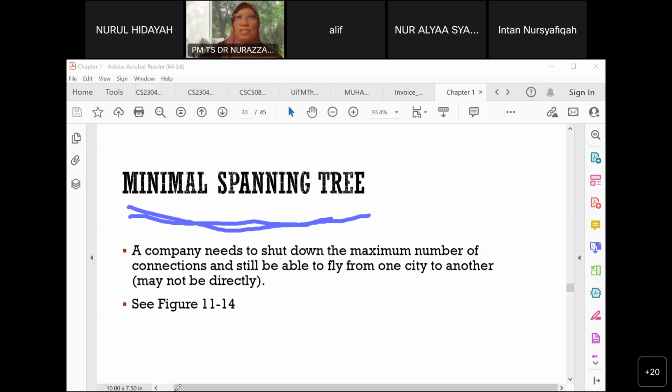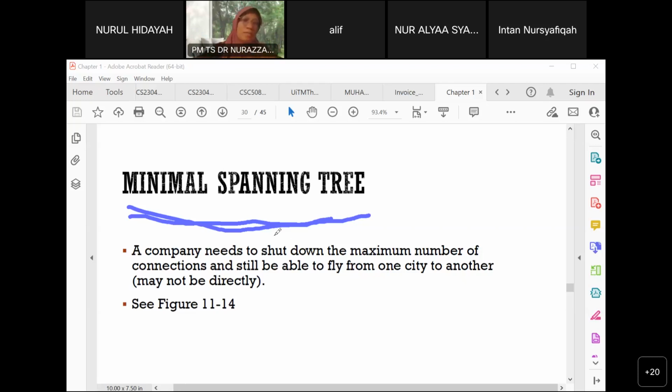Jadi this application dinamakan minimal spanning tree, sebab dia nak span dalam graph tu. They span all the cities, semua bandar, semua vertex tu, tetapi dengan cost yang minimum. Maksudnya total cost yang minimum, sebab dia nak jimatkan spending of the company.